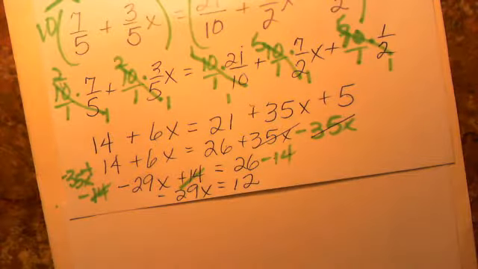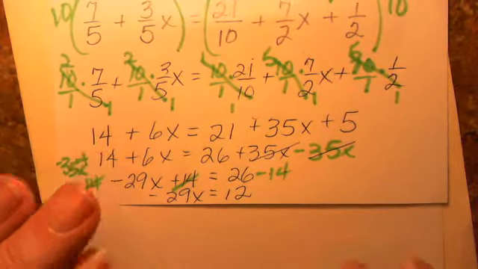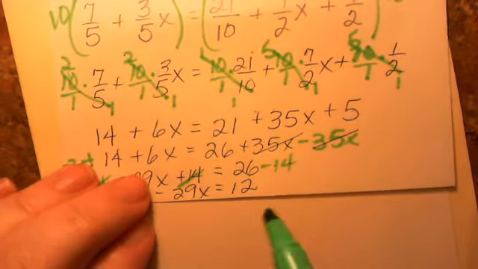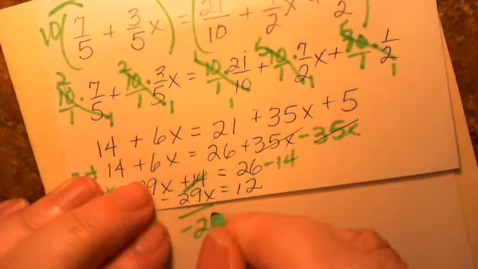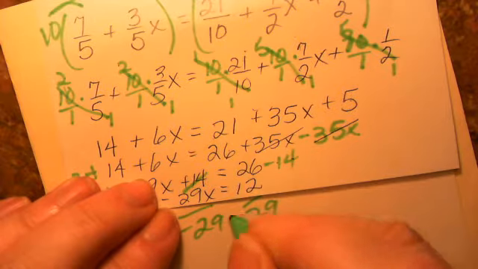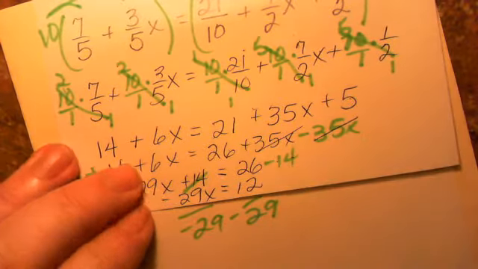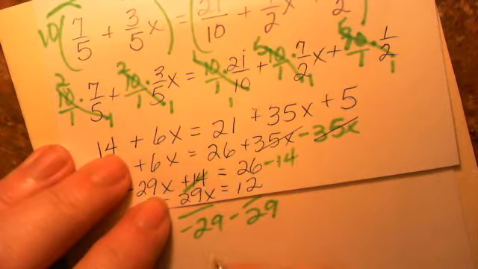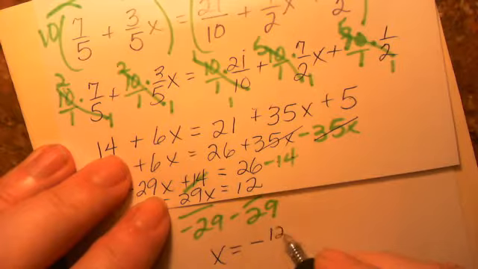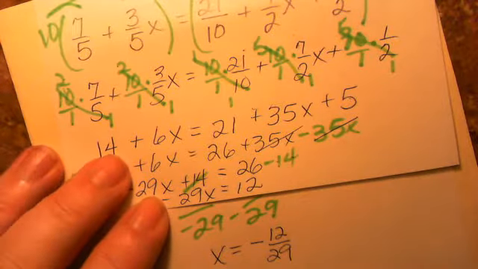And then we need to divide both sides by negative 29. Okay. That gives us x is equal to negative 12/29.